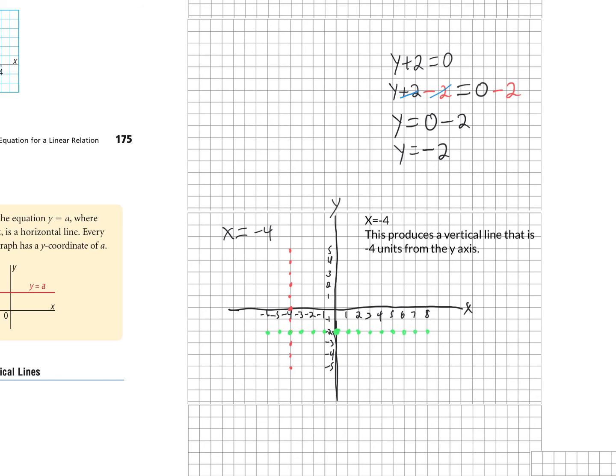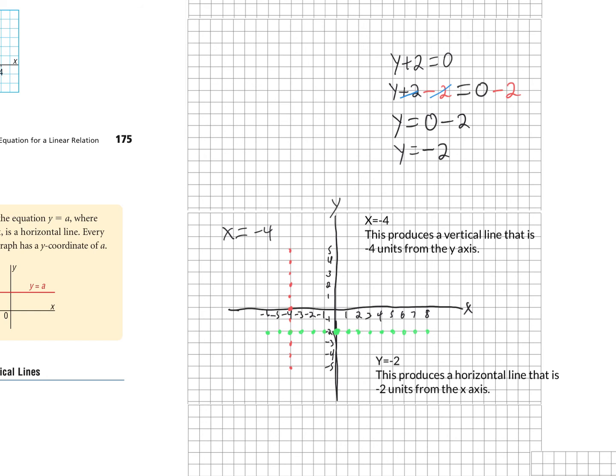Okay. So now when we look at the scenario here with our y value being -2, now that we know the value that y equals -2, we can say this produces a horizontal line that is -2 units from the x-axis.